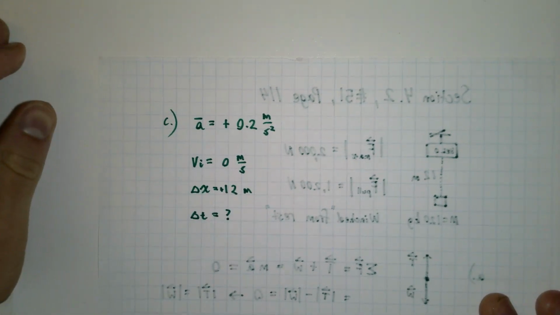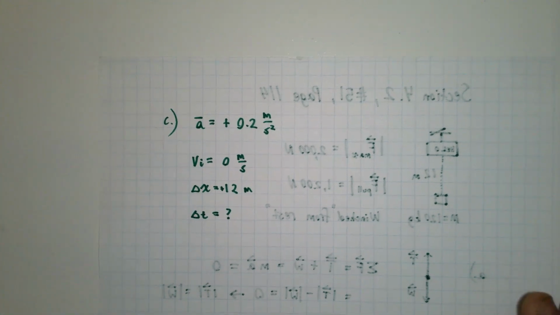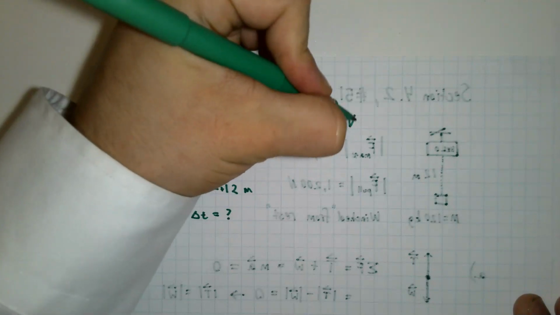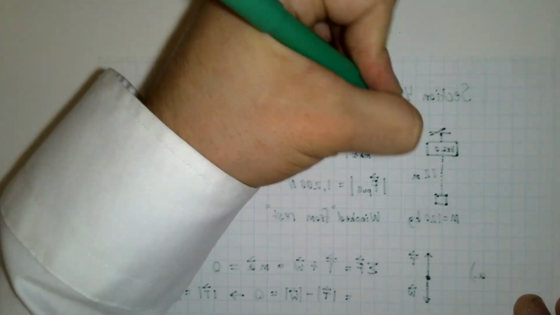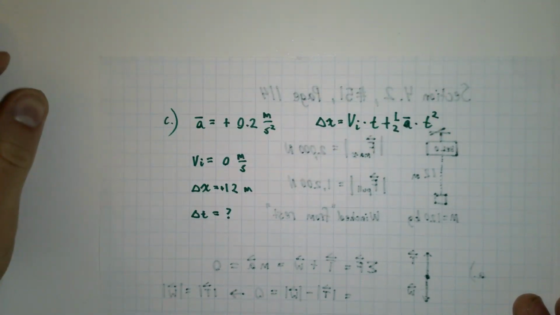So I need an equation that relates time, distance, initial velocity, and acceleration. There is one that I can think of, and that is our second kinematics equation. Here's our second kinematics equation.